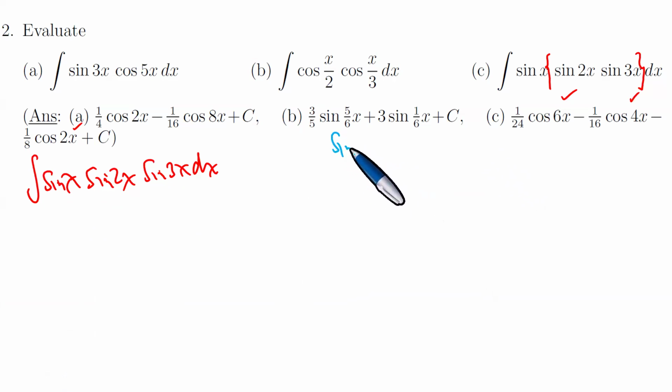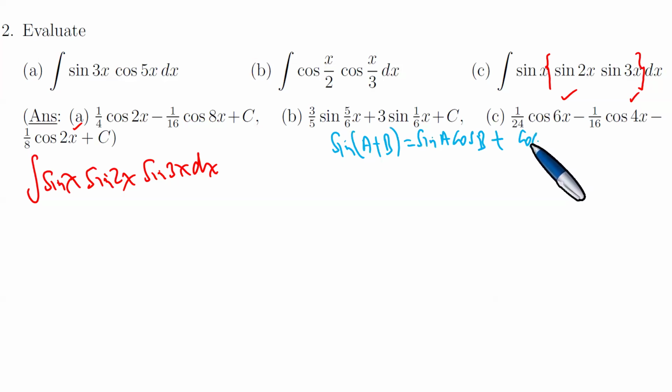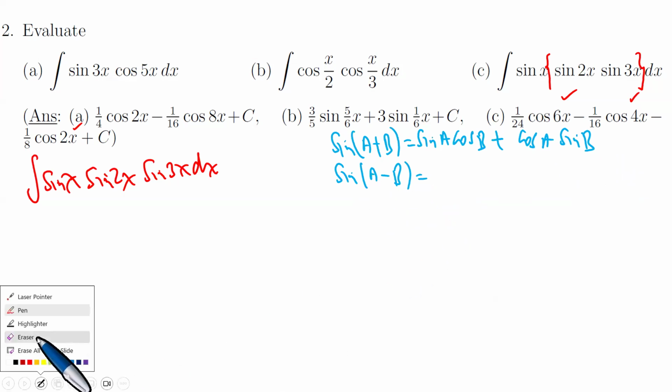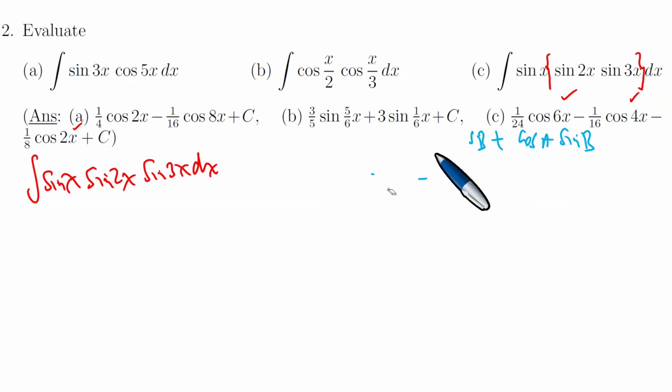So now it is sine (A plus B), which is sine A cosine B plus cosine A sine B. And then you write the minus. Because it's sine sine, you will need only the cosine function because it's the only one that repeats.